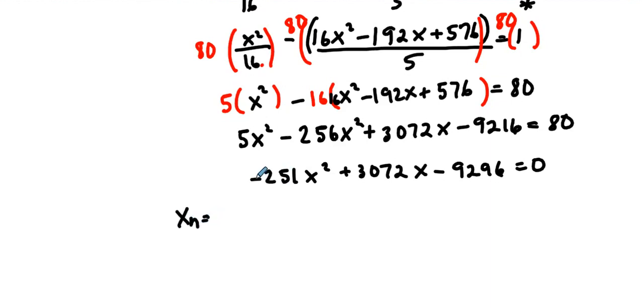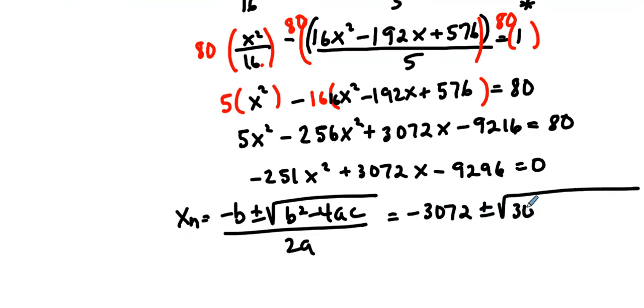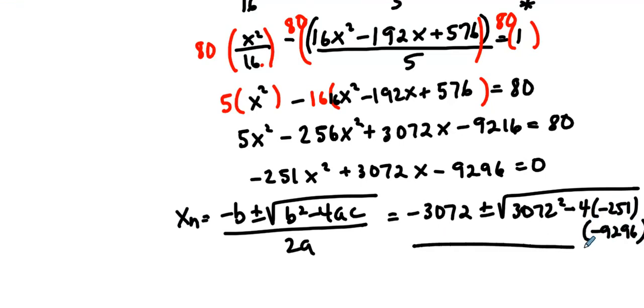You can also get rid of the negative here if you wanted to, but you don't have to. Okay, so we have the negative of 372 plus or minus the square root of 372 squared minus 4ac. Okay, so let me try to show as many steps as possible.